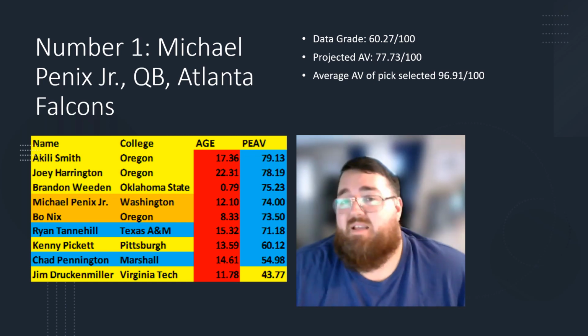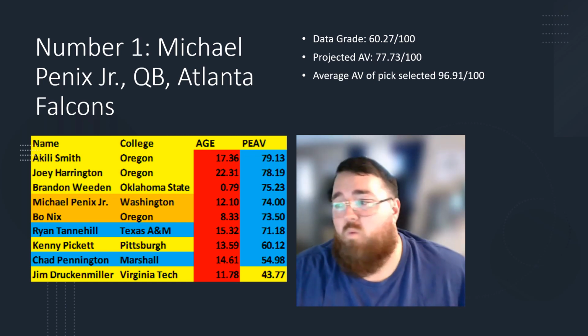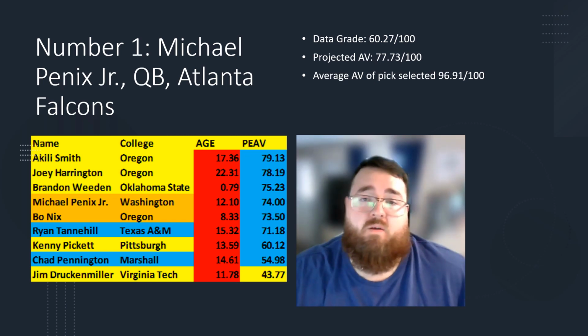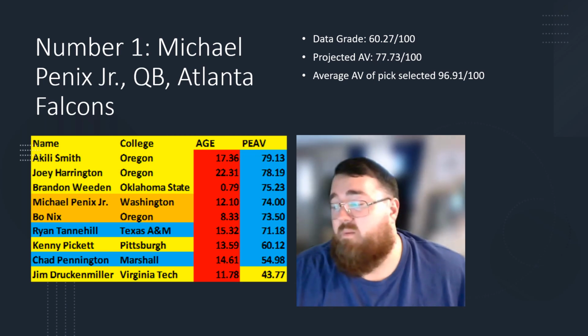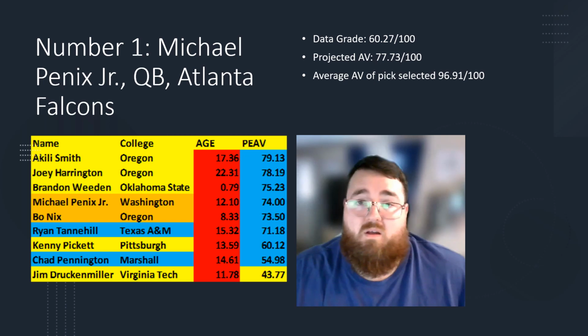So right then and there, you're going to wait 3 years and have a backup quarterback, because that's what he tested as. That's what he's going to be, a backup quarterback. And a backup quarterback has no value until something happens.